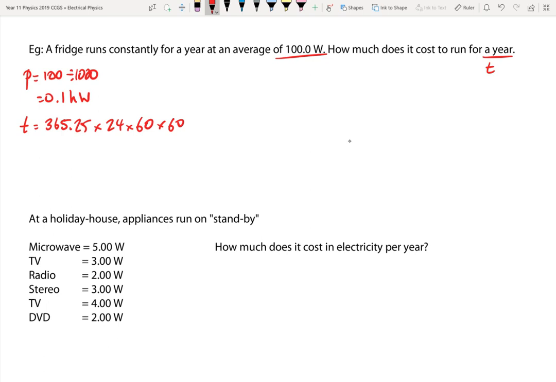Okay. And so we'll give it a go. Our cost equals rate times kilowatt times hours. So 0.28 times 0.1 times our time.